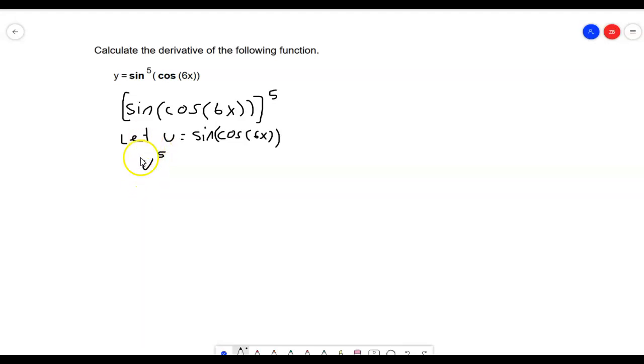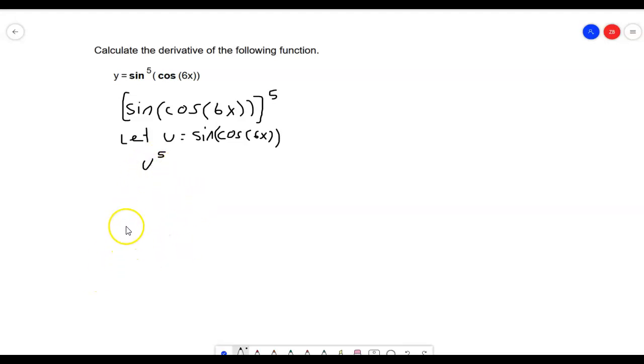To apply the chain rule, I take the derivative of the outside function, which is just applying the power rule, times the derivative of the inside function, which is just the derivative of whatever u is.